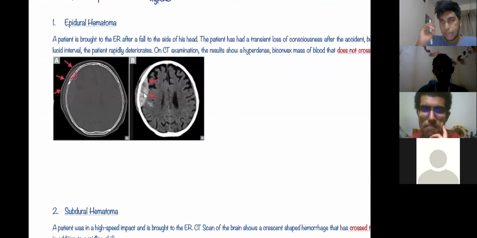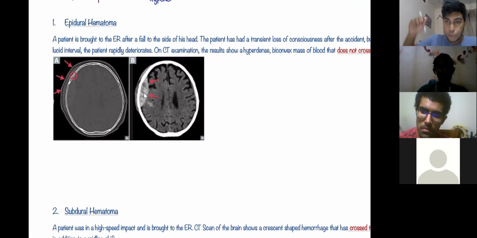It loves the skull. I talked about two layers. One layer, no matter what you do, you can never separate it from the skull. The second layer, if you put enough pressure between the two layers, you can separate them. And yet it loves the skull.